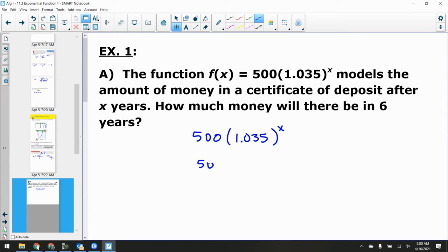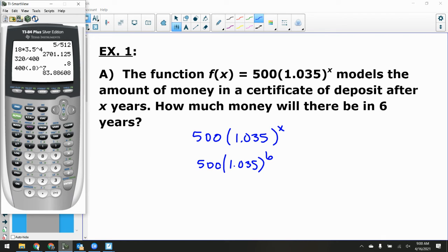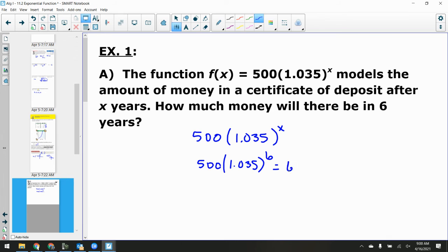In 6 years, 500 times 1.035 to the 6th power. That's how much money is going to be there at the end of 6 years. 500 times 1.035 to the 6th. $614.63.